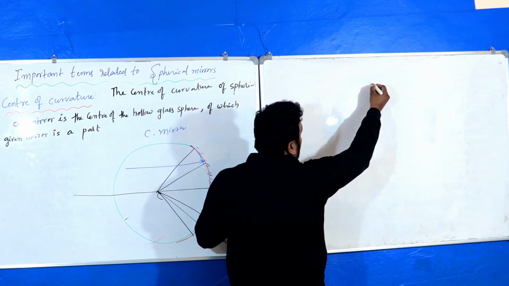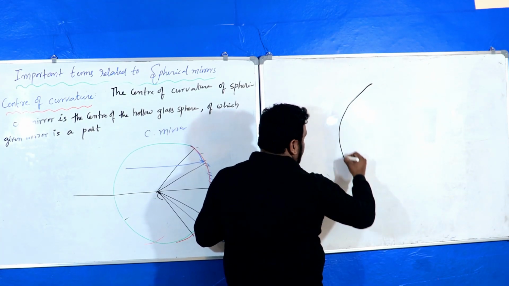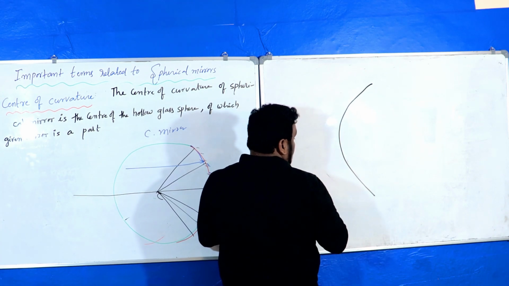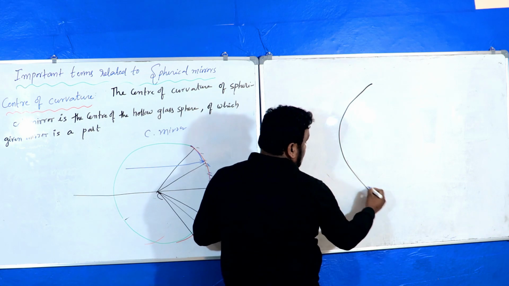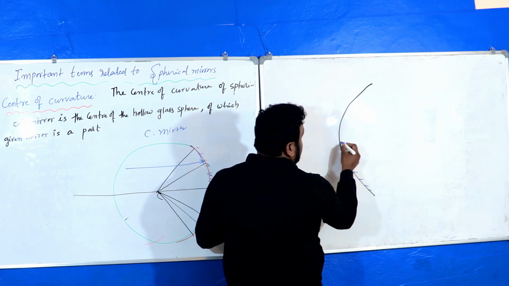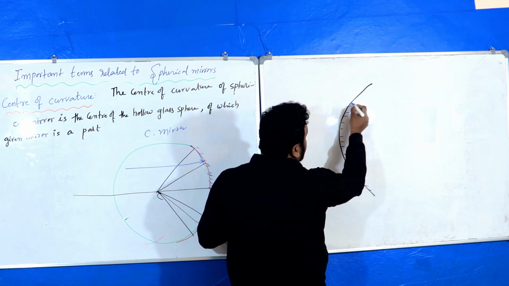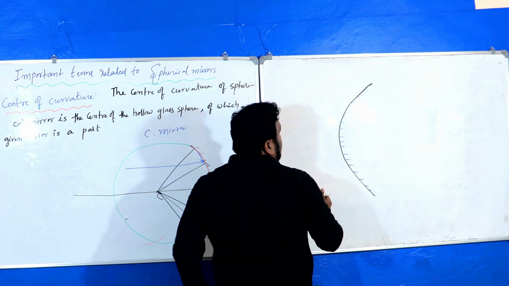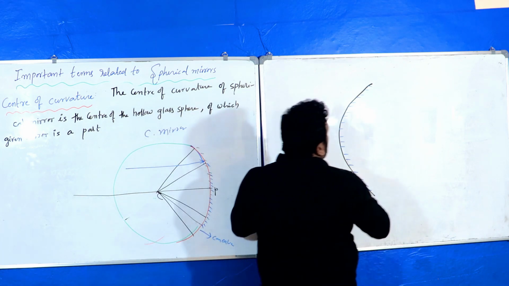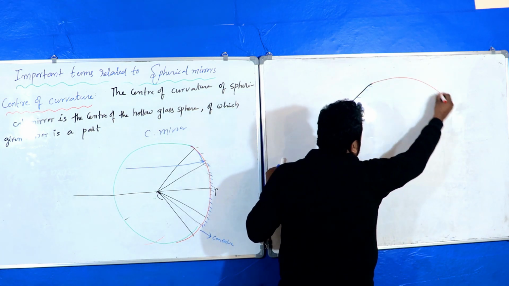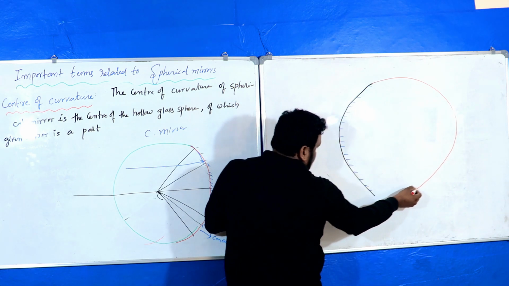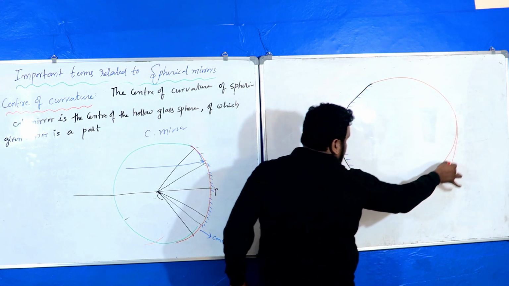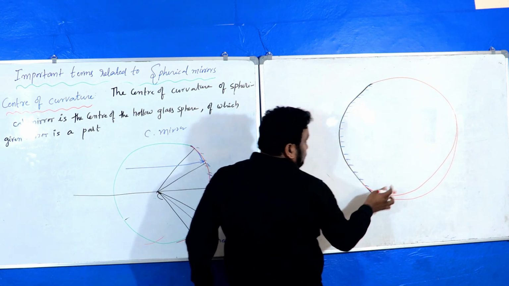Convex mirror we can explain like this. Now this is a convex mirror. Obviously this is the non-reflecting surface. Clear? By using the glass sphere concept, now we have to construct one sphere like this. This is the exact one.